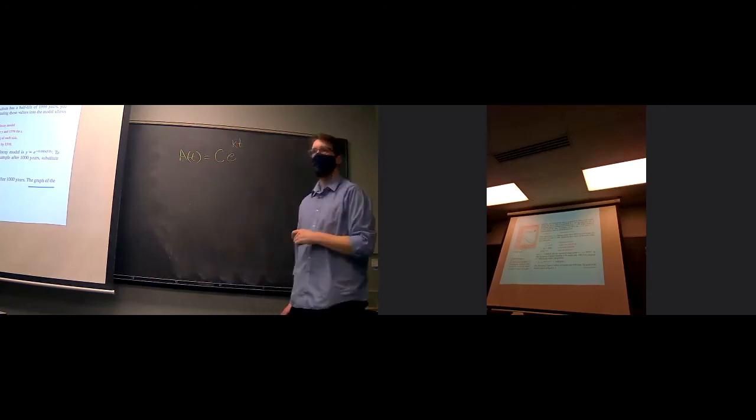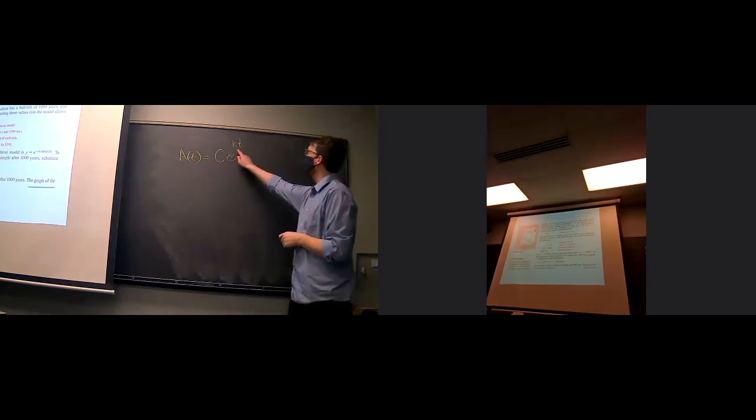What you could do is say, I know that this thing is decaying exponentially, so it's going to have the formula C e to the kt as a generalization, right? This k is not the same k as the last one. I want to make that clear really quick.